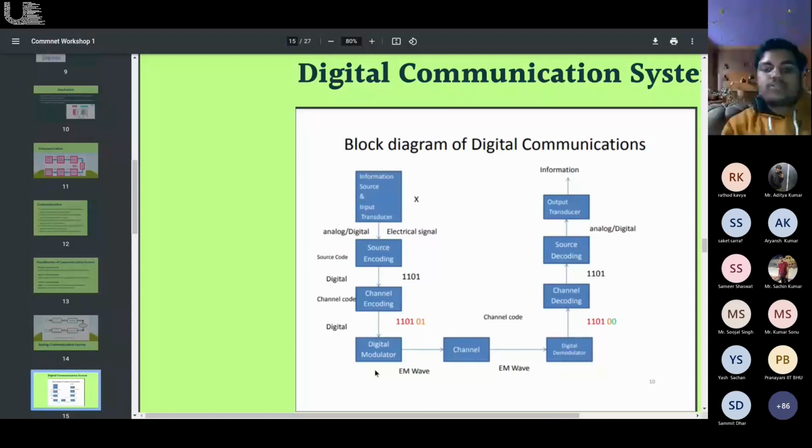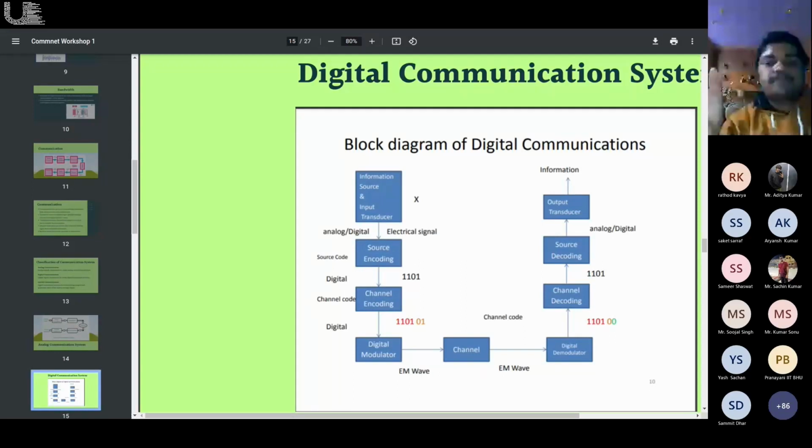Also try to remember one thing. Whenever we are using the atmosphere or any channel, we cannot send a digital signal directly, a signal fluctuating only between 1 and 0. Try to remember this, because when I was studying this in my semester, I also got confused in the beginning.